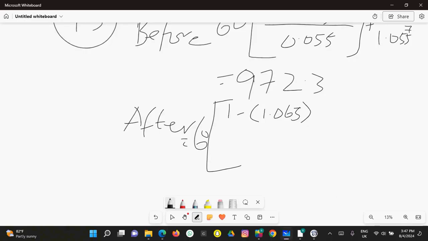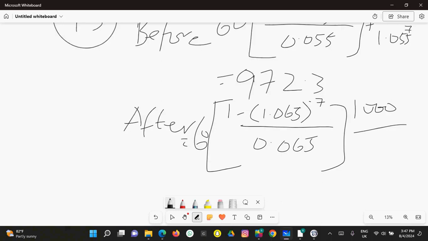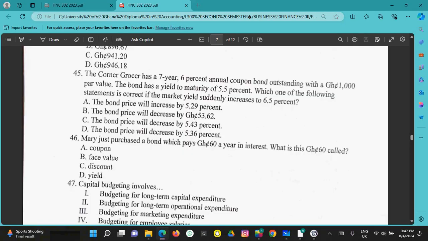So 1.065 raised to the power negative 7, all over 0.065. Here is negative, here is positive. Right, so here we are going to get 1028. Right, so now let's compare the answers.